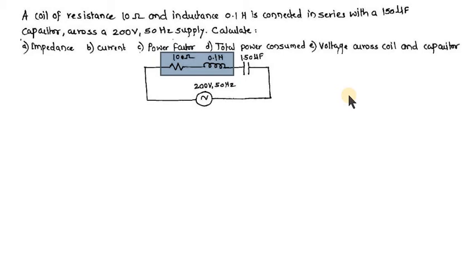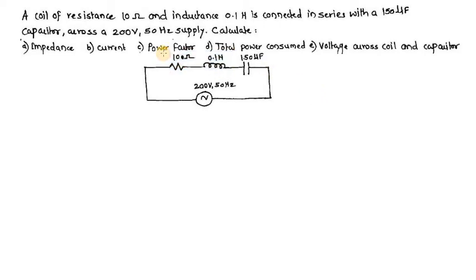To take its effect into account, the usual practice is that diagrammatically we show separate existence to resistance and to inductance. But ultimately, this is only one physical thing, not separable from each other. So this is a coil.